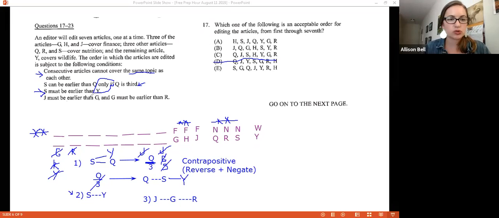Then we get our string JGR. So JGR, JGR, JGR, GJR. That one does not hold up. Nice. So the benefit of that is that it was pretty fast and efficient. Now these harder rules, I only have to deal with them between 3 answer choices.